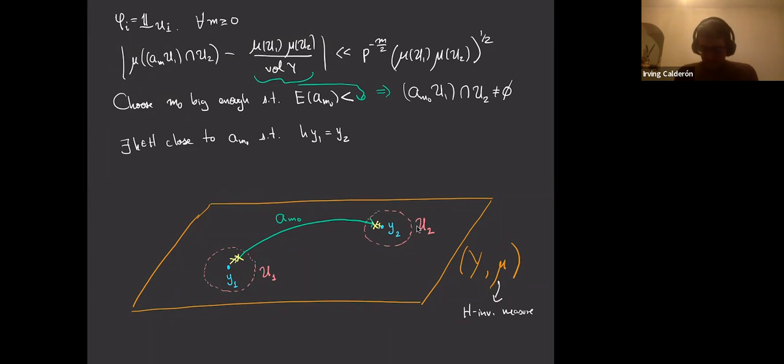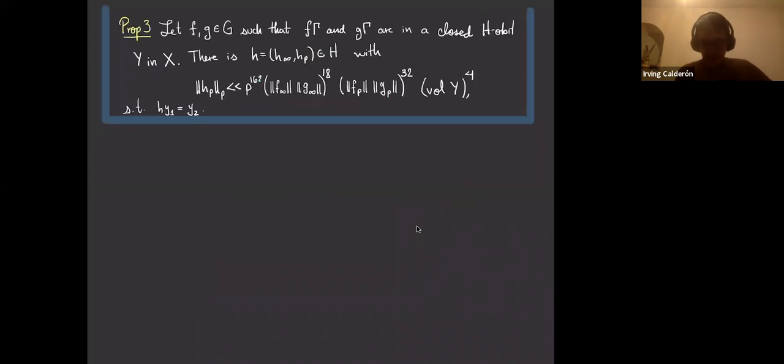Well, now if we write down explicitly this U1 and U2, we can say exactly how big this m0 has to be. So doing all the computations, we obtain the next answer to the dynamical problem. This is proposition 3.